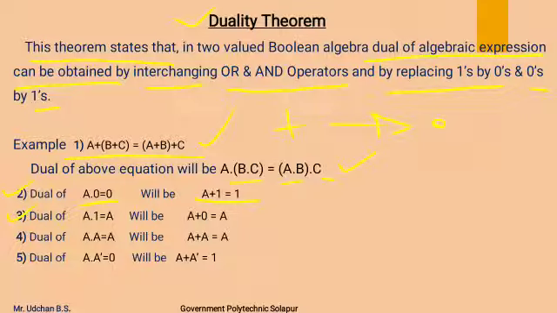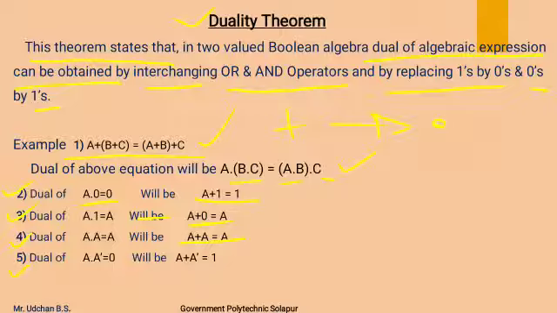In the next example, the dual of A into 1 equal to A will be A plus 0 equal to A. In this, the AND operator is replaced by an OR operator and 1 is replaced by a 0. Again in the next example, the dual of A into A equal to A will be A plus A equal to A. In this, an AND operator is replaced by an OR operator.